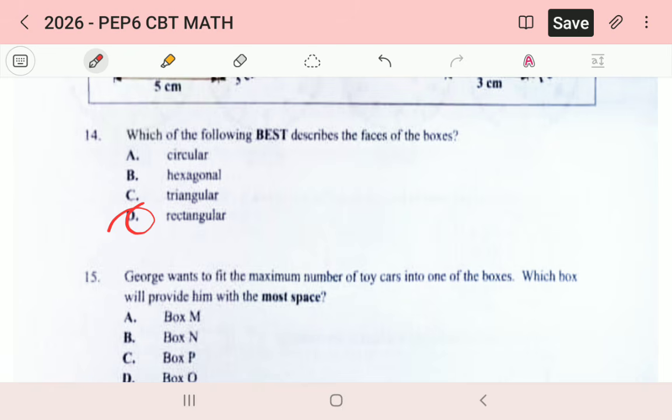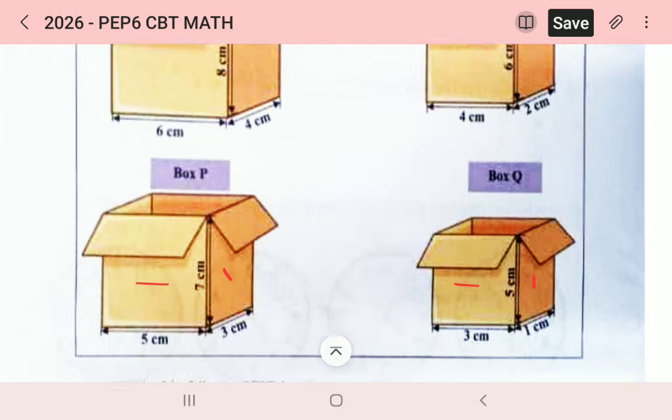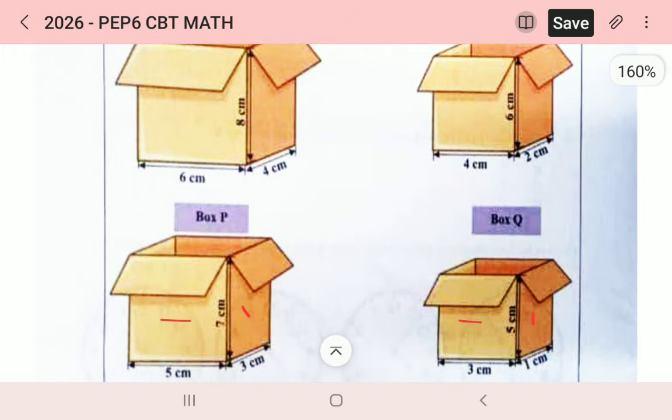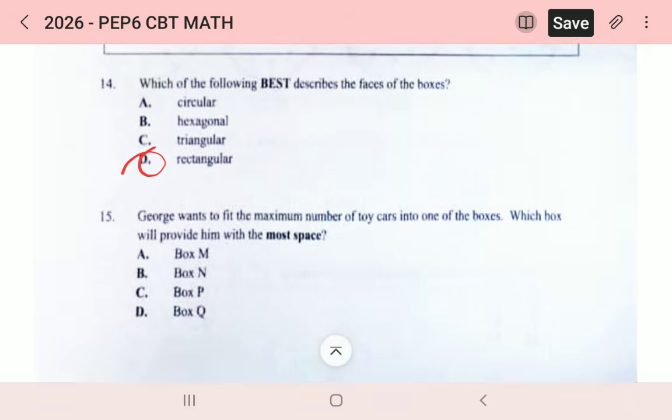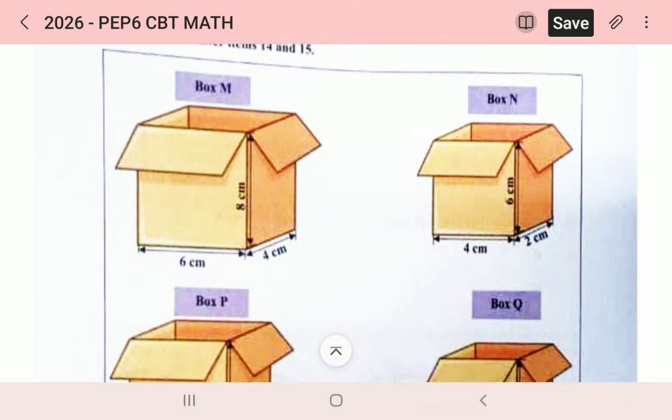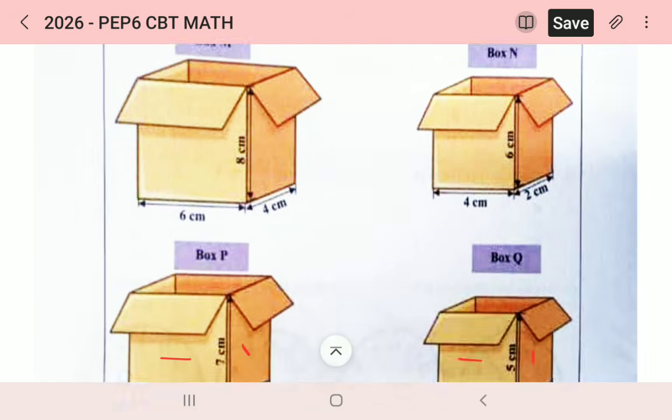Which box will provide him with the most space? We don't even have to work this out, though we can if you want. 6 by 4 is 24 times 8. You're finding that. So the biggest box there for him to put the cars in would be box M.